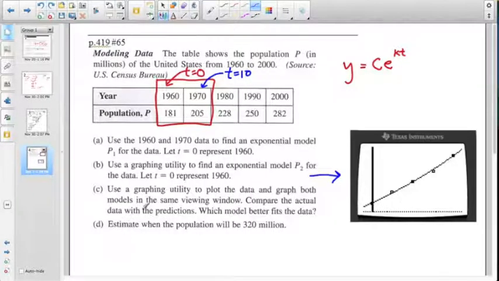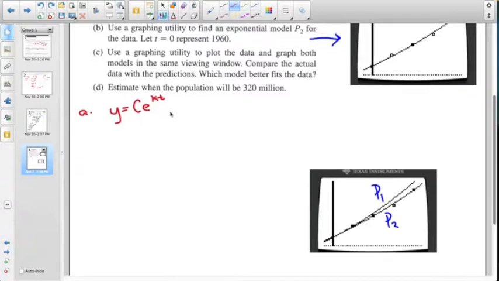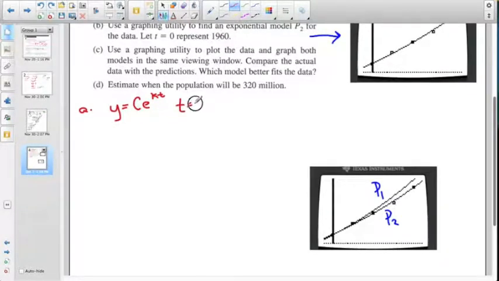So we need to find our constant, we need to find our growth value, and it's very similar to what we've been solving in the last couple of examples. And so if we take this general growth model, this exponential model, and throw in the values at the beginning, we have a value when t=0, y=180, and that's our start value.